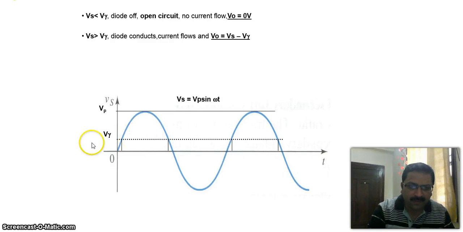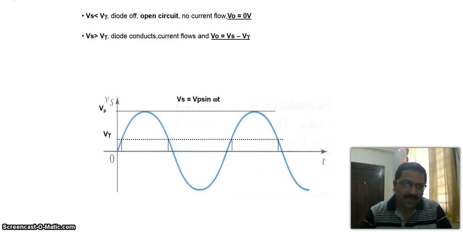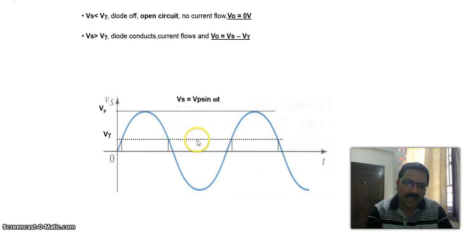Here VR is the conduction voltage. For example, if there is a 0.5 to 0.7 volt drop, the diode will start conducting from 0.7 volts. When the AC voltage reaches 0.7 volts, it starts conducting, and it will conduct as long as the AC voltage is above 0.7 volts, and later it will not conduct.